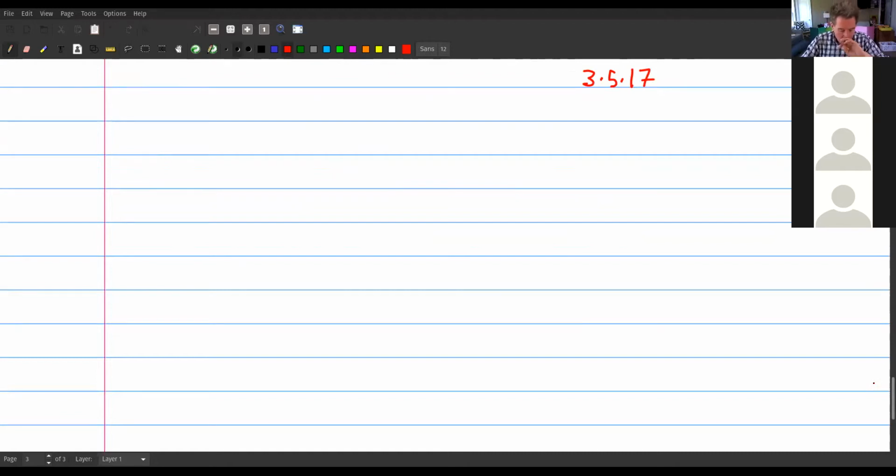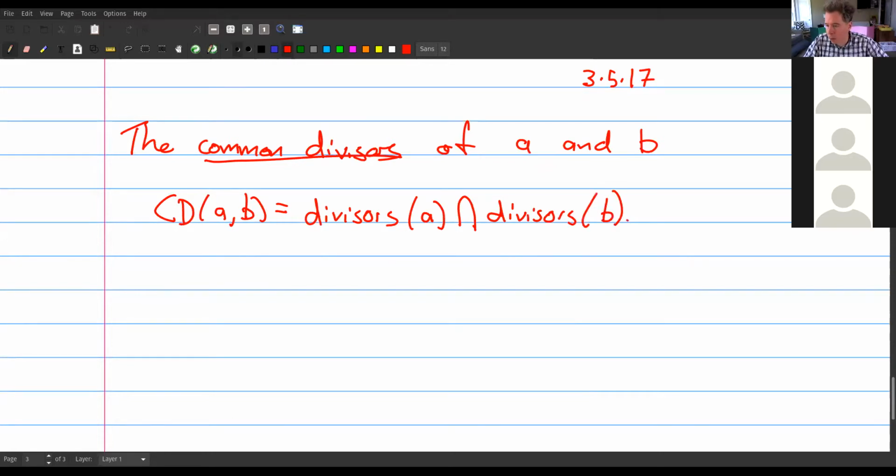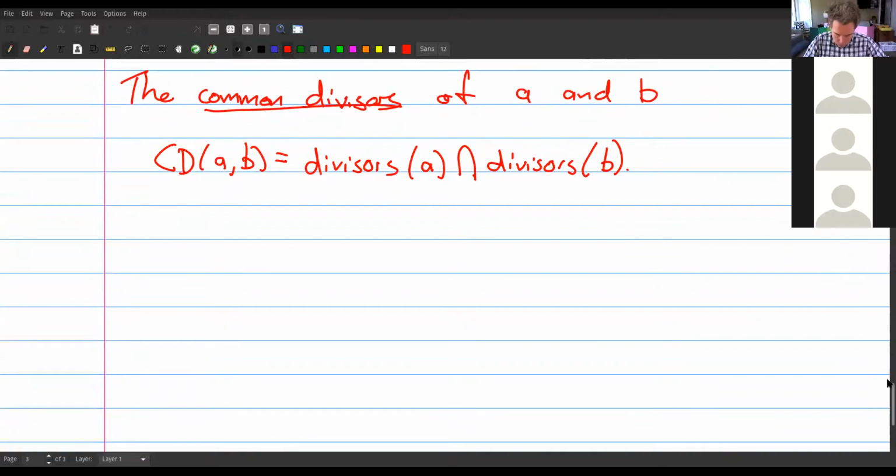All right. So now we'll talk about common divisors. The common divisors of two numbers A and B, I'm going to write CD of A and B, is the set of divisors of A intersect the divisors of B. So it's just the divisors that they have in common.